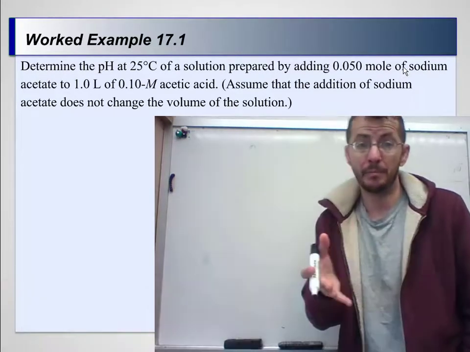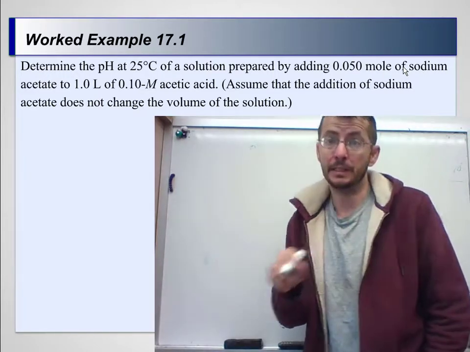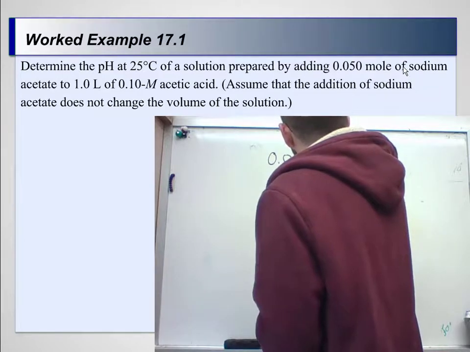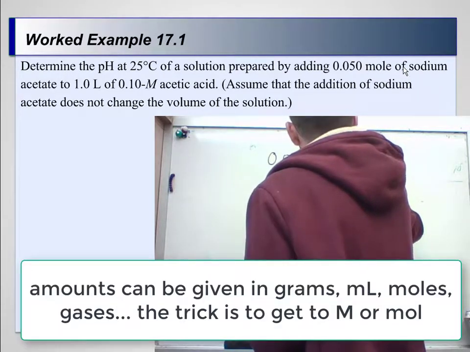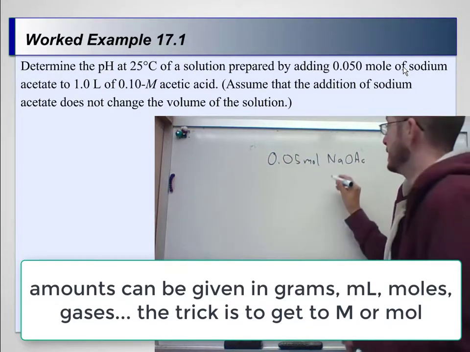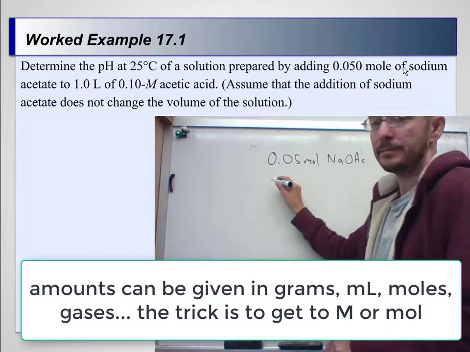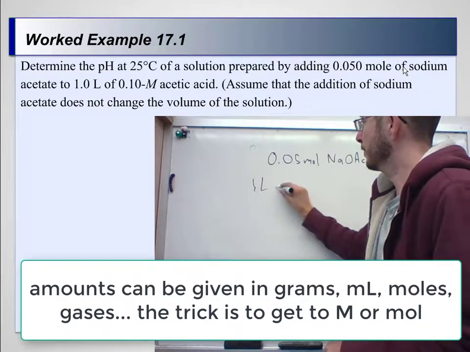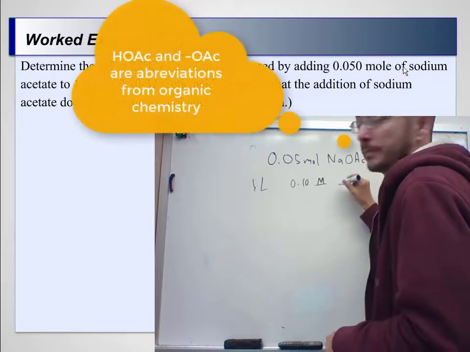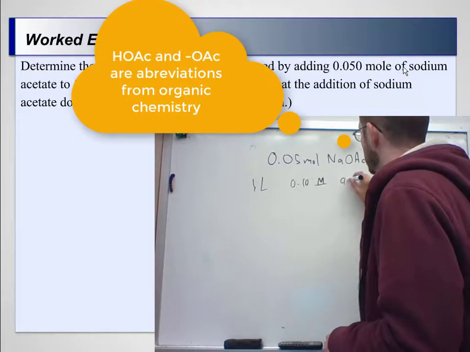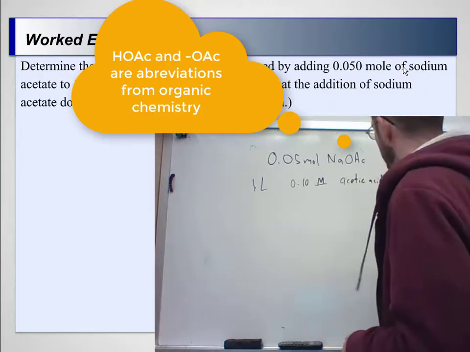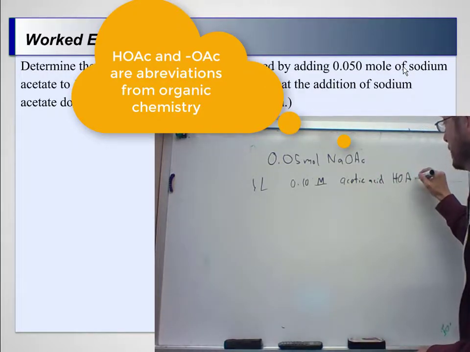You have a buffer system that is 0.05 moles of sodium acetate, which I'll just abbreviate NaOAc, and acetic acid. You have 1 liter of a 0.10 molar acetic acid solution, which I'll abbreviate HOAc.